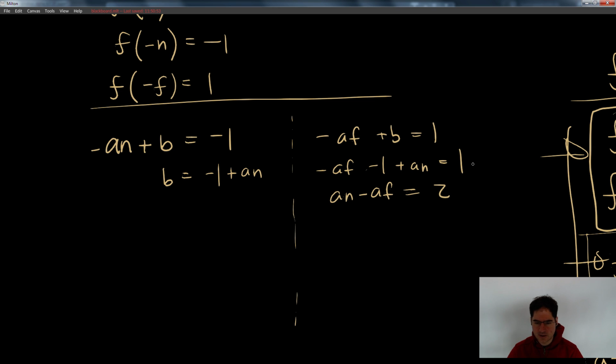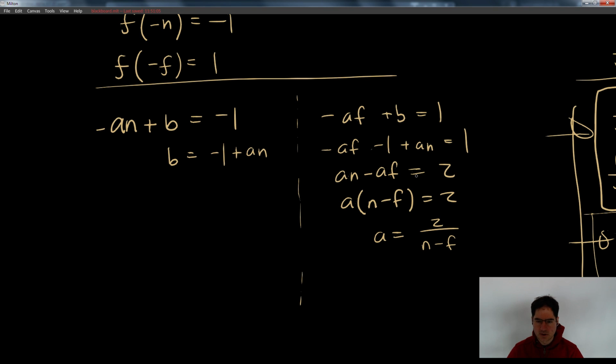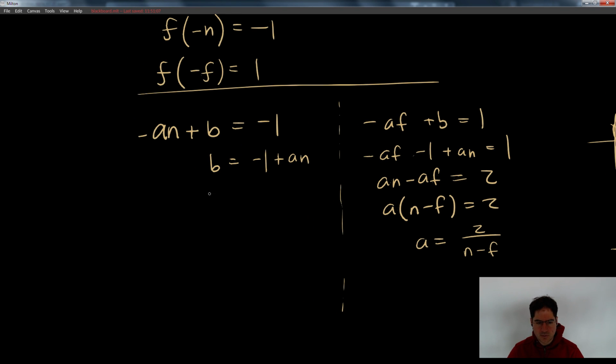That goes to the other side: a times n minus f equals 2, or a equals 2 over n minus f, right? Plugging back in, we get for our b value, negative 1. Here's our a value, so that's 2n over n minus f.